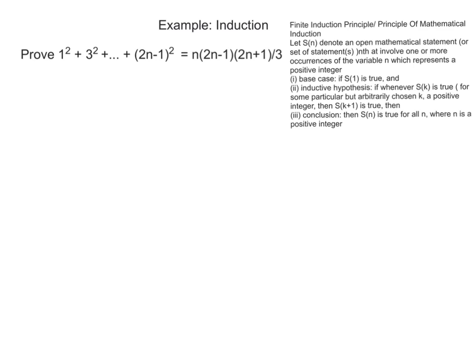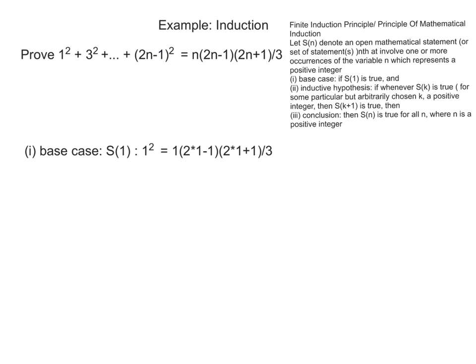Essentially, if we want to prove this formula, we're going to start with a base case. So we want to show that S(1) is true. I plug 1 into my formula. I'm going to add all the numbers up to 2n minus 1.